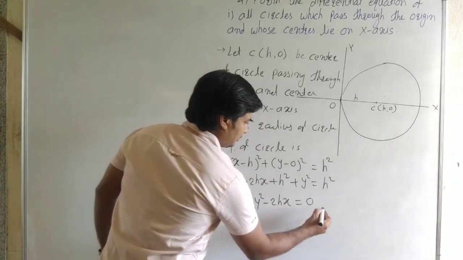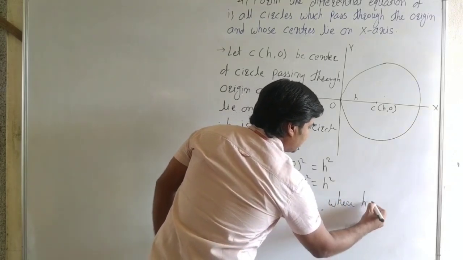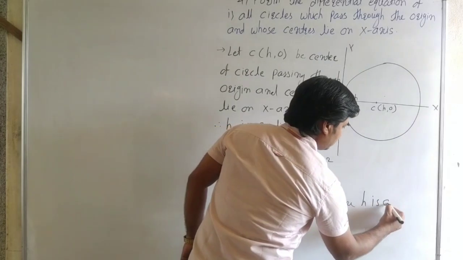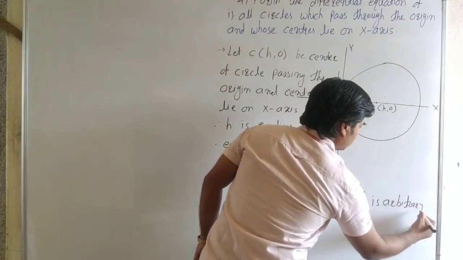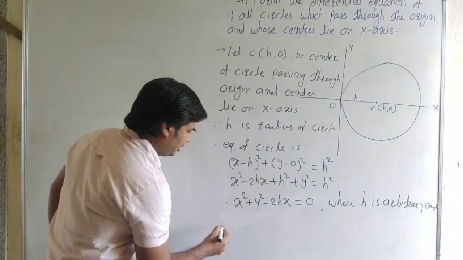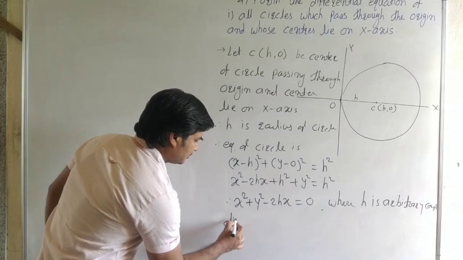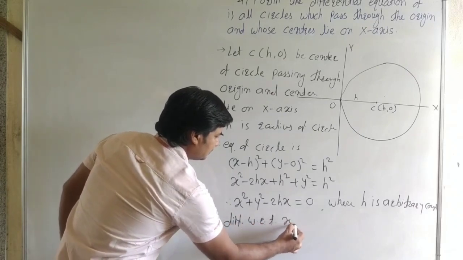Here h is an arbitrary constant. Now differentiate with respect to x.